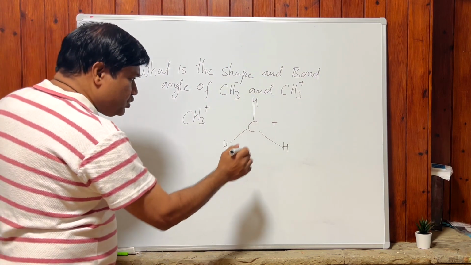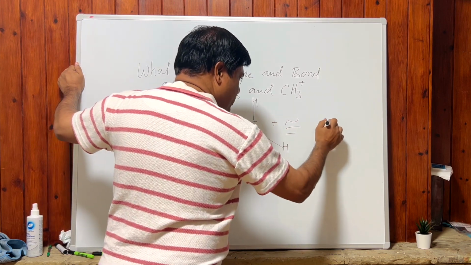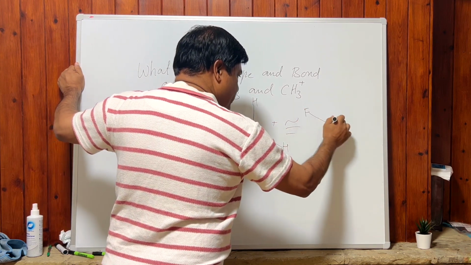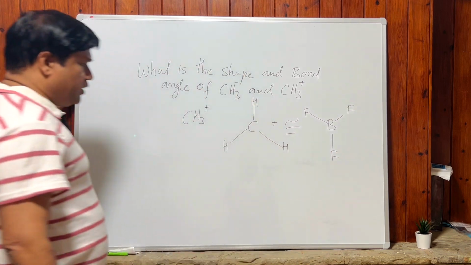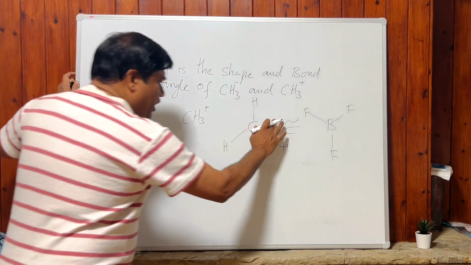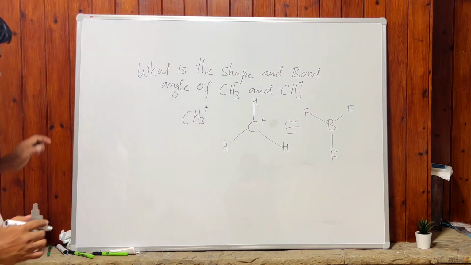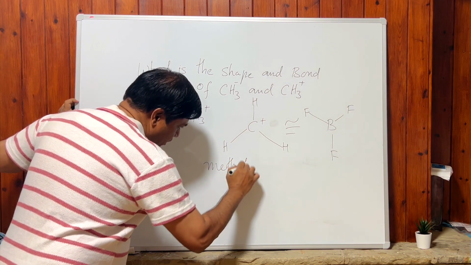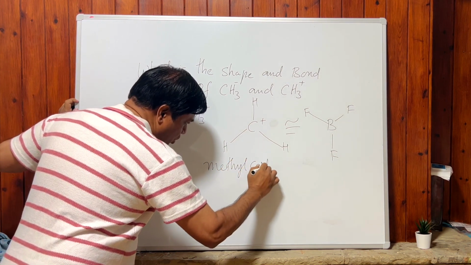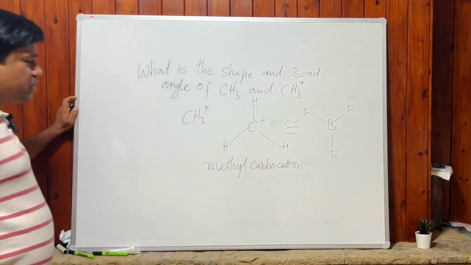So look at that. Try to recall the parent one. It is similar to BF3, guys. Boron trifluoride. Three bonded pairs of electrons, no lone pair. Methyl carbocation, very similar to BF3.